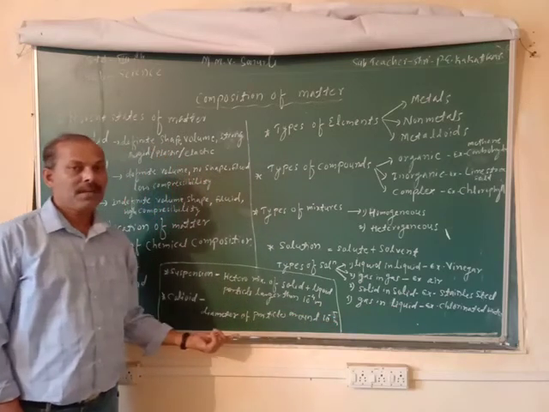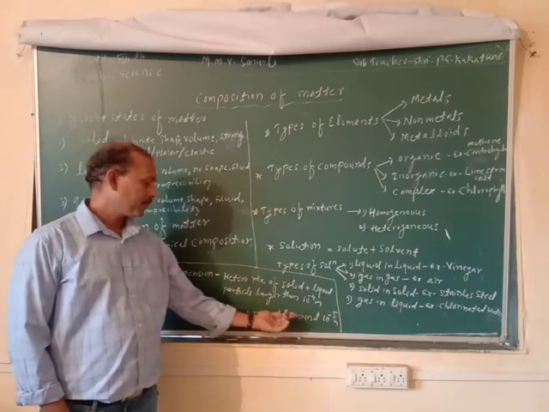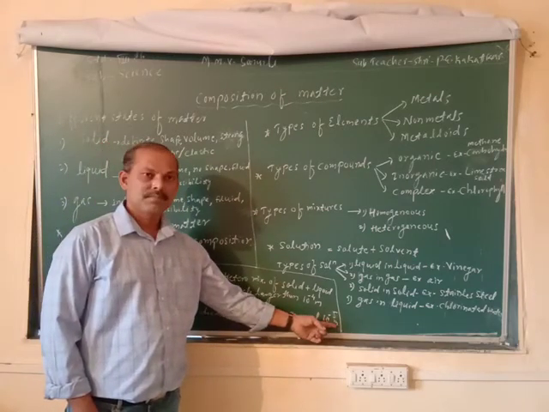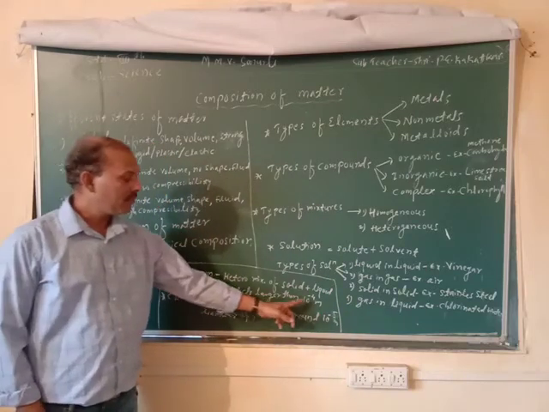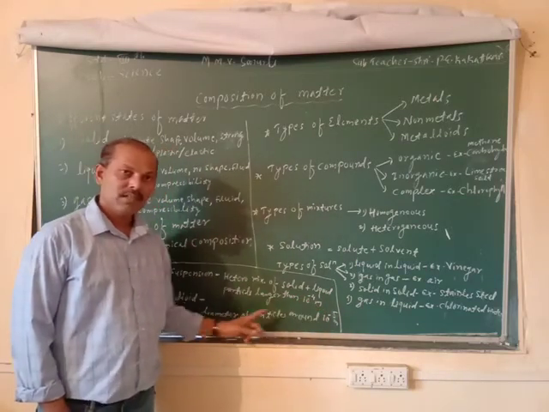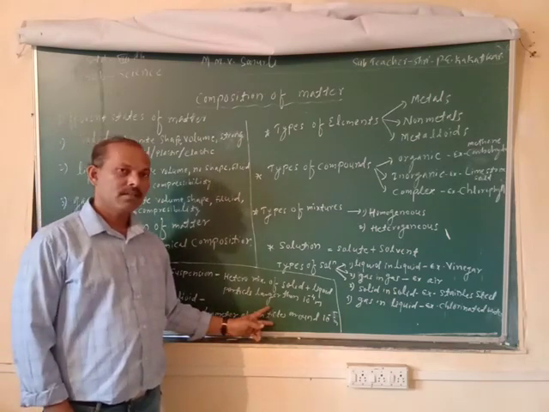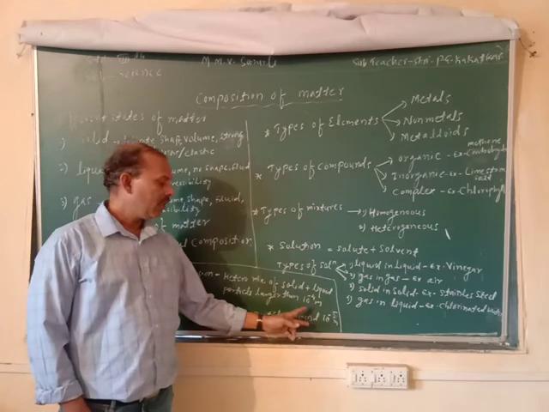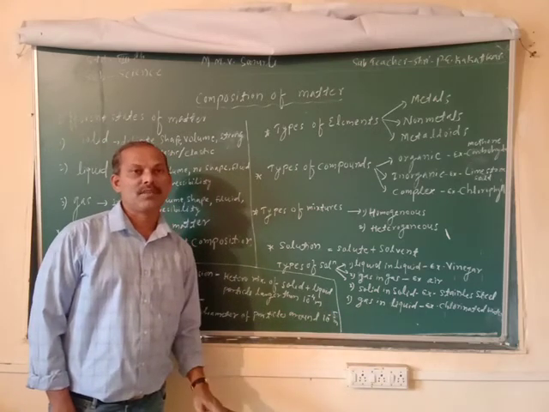The size of the particles is less than 10⁻⁵ m. Here in suspension, the particles are larger than 10⁻⁴ m, but in colloid, the diameter of the particle is around 10⁻⁵ m or less.